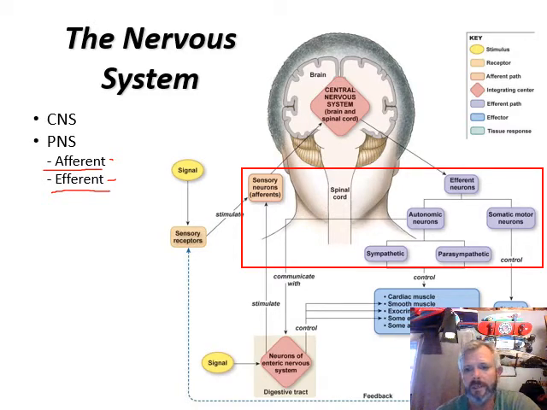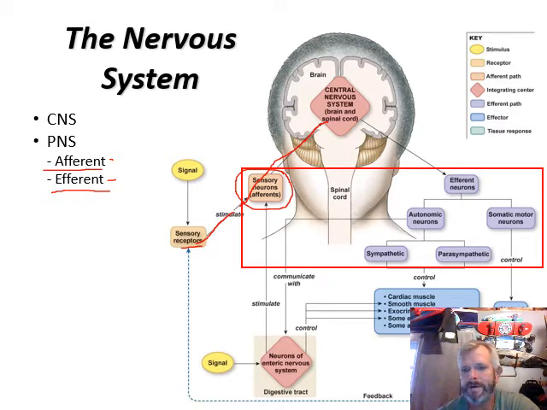Okay, we will spend a chapter looking at sensory, looking at all the sensory organs and so forth. We'll be looking at the receptors that pick up information, and then the sensory or afferent neurons can bring the information into the central nervous system.